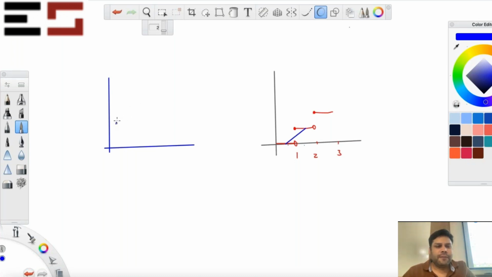Okay, so if I do something like this, it's a concave function. Now what I'm going to do is, because it's defined on an open interval, there are points to the right as well. So let me just take this particular point and shift it up, so that it still looks concave.